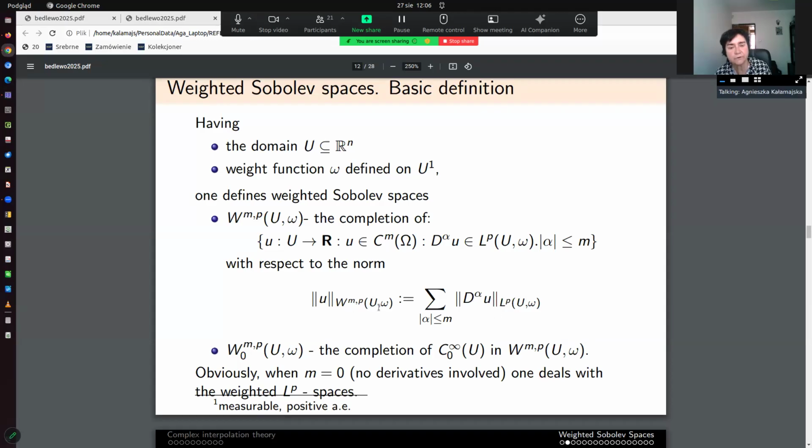And this gives me the norm on W^{m,p}, which in that set is defined without problem. Then I take the completion of that set with respect to that norm. So that gives me a complete space, a Banach space. Excuse me, may I ask a question about the completion?